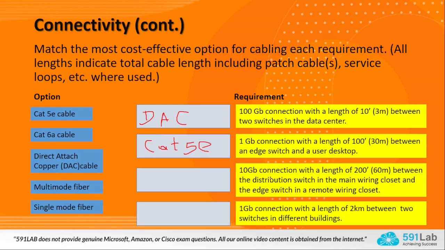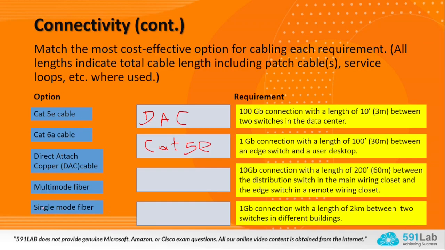And in this case, they are saying it is 10 gig and 60 meter. So to provide 10 gig via copper, you cannot go up to 60 meters. You can go up to maybe 30 meters. So to go up to 60 meters using 10 gig, you have to use fiber. Now here there are two options, multi-mode fiber and single mode fiber.